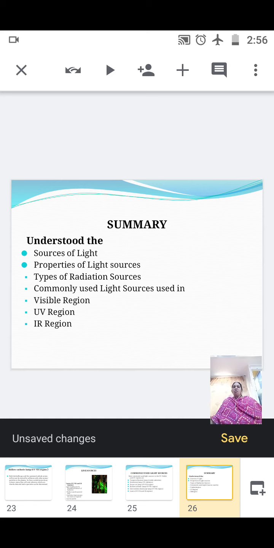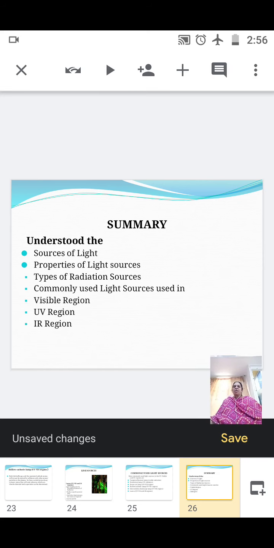Then its output power must be stable for a reasonable period of time. Then its intensity should not fluctuate over long or short time intervals. These are the basic requirements of a light source.